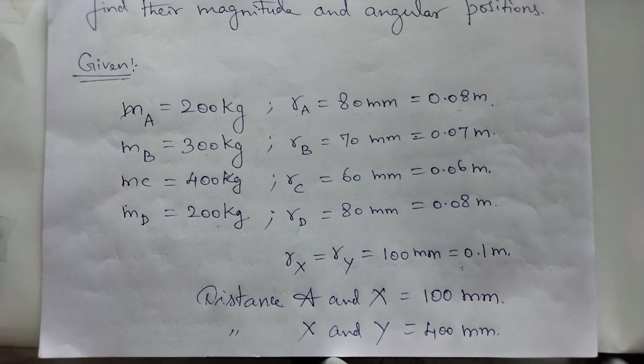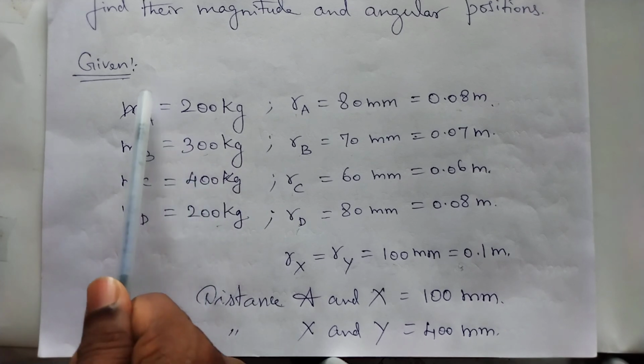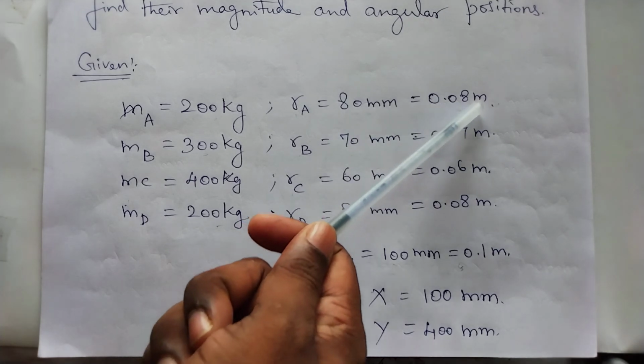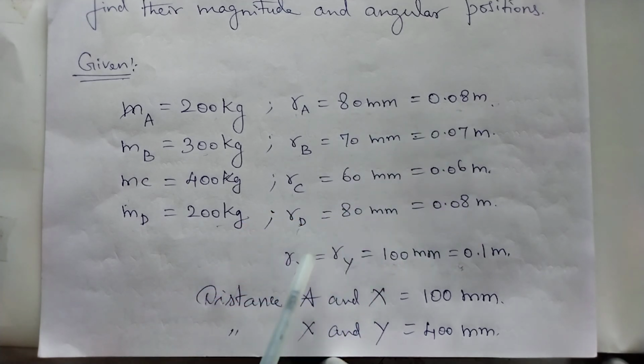Based on the given question, we first have to write the given data. We know the four masses given as mass A 200, mass B 300, mass C 400, mass D 200. Corresponding mass radii are given in mm; you have to convert them to meters. And these are the distances between the masses and the reference planes.